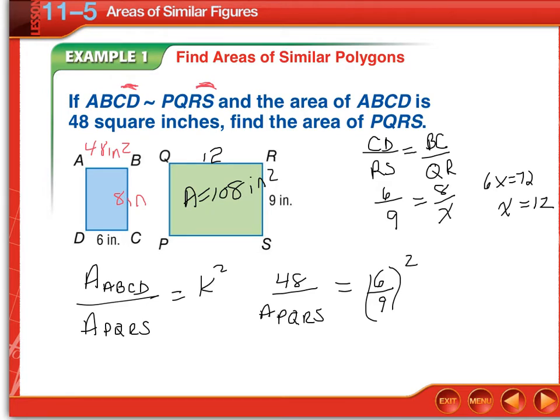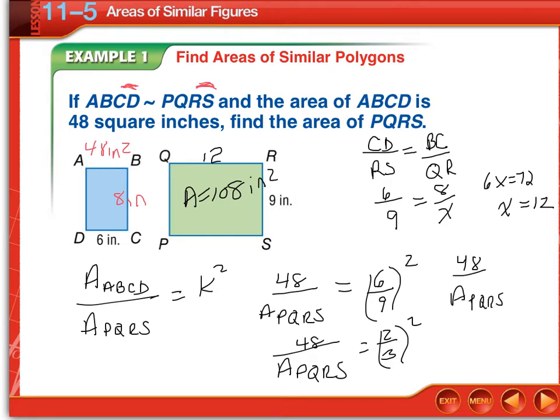We might as well simplify here first before we square. The area of ABCD over the area of PQRS equals 2/3 squared. So we've got 48 over the area of PQRS equals 4/9. And if you cross multiply and solve, you will arrive at the exact same answer we already have, which is the area of PQRS equals 108 square inches.